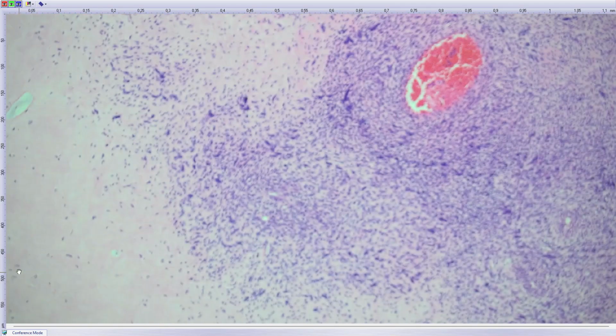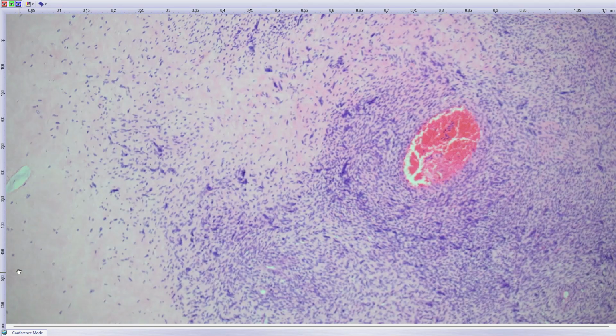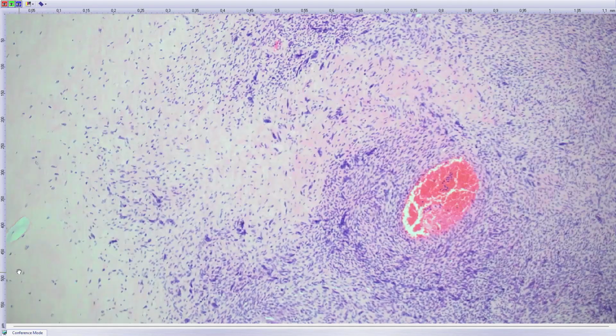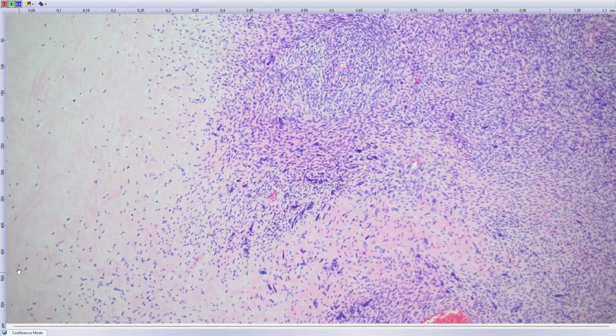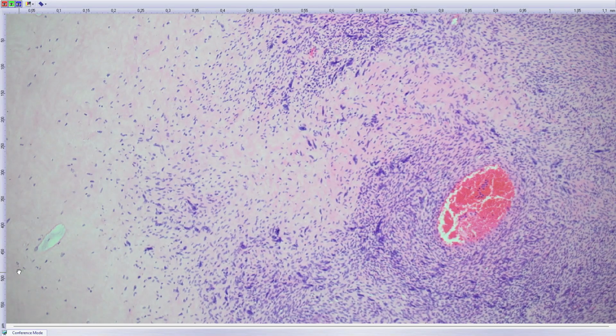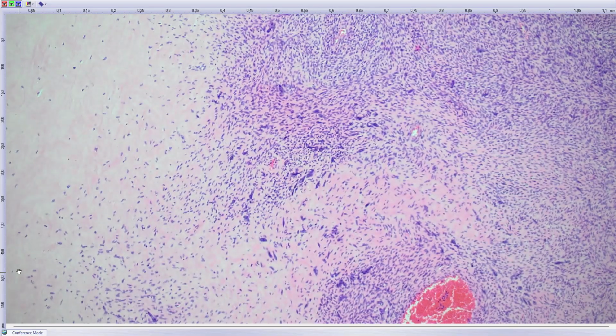And this case nicely demonstrates morphological patterns of MPNST, malignant peripheral nerve sheath tumor. Not all of these show this very monotonous sarcoma-like morphology, but some of these may resemble solitary fibrous tumor, for example, or synovial sarcoma, for example.